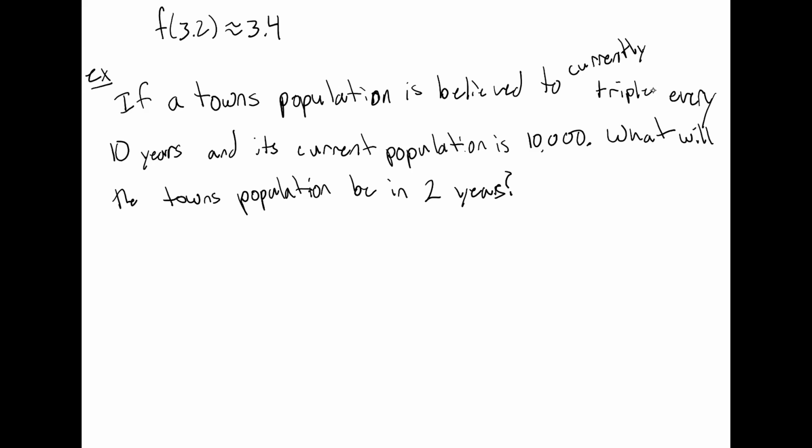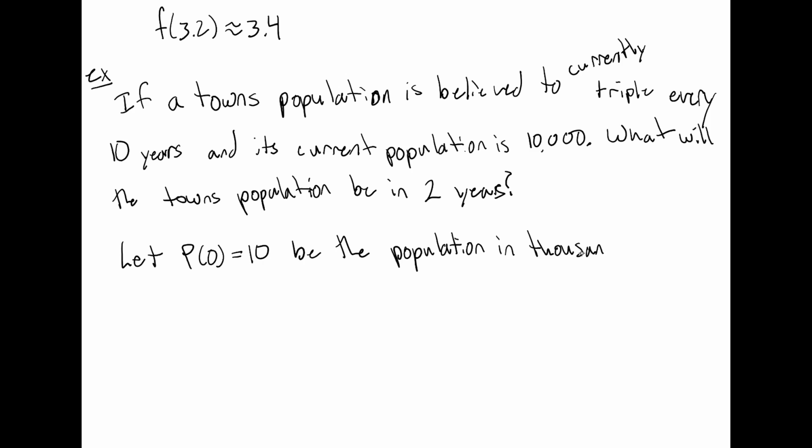So what we need to do is set some things up. We could let p of 0 equal 10 be the population in thousands. There's no reason to have p of 0 equal 10,000, right? Just say that.